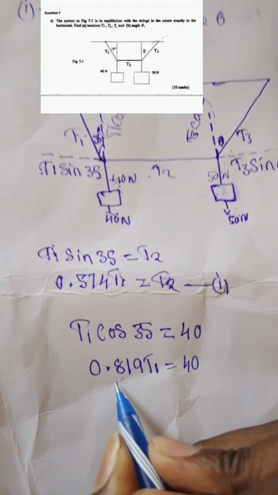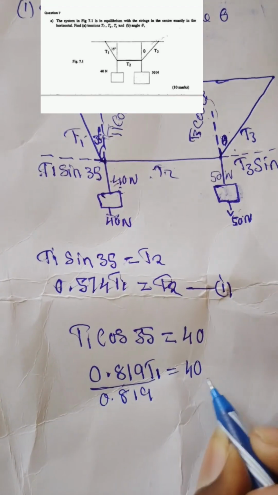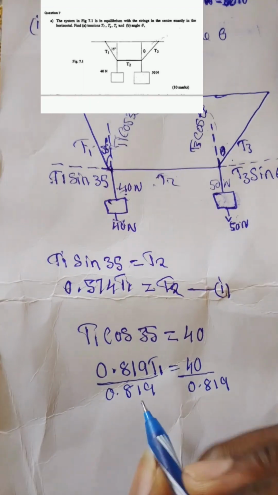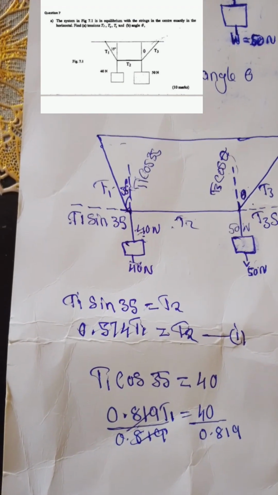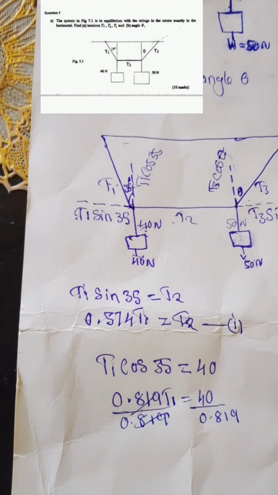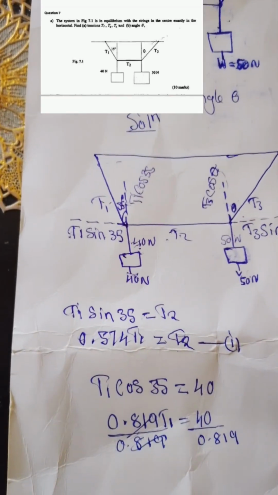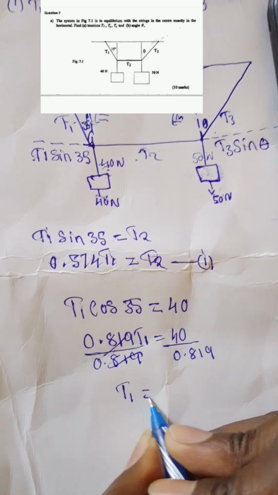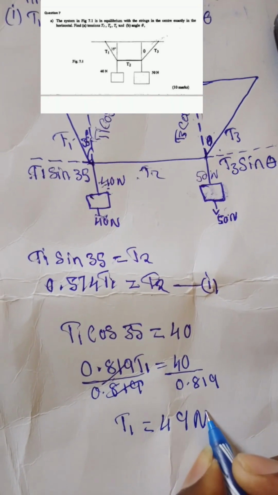We divide this side by 0.819, and also this side by 0.819. So this and this will cancel, and then 40 divided by 0.819, the answer will be 48.8. So T1 will be equal to, we'll just say, 49 newtons.